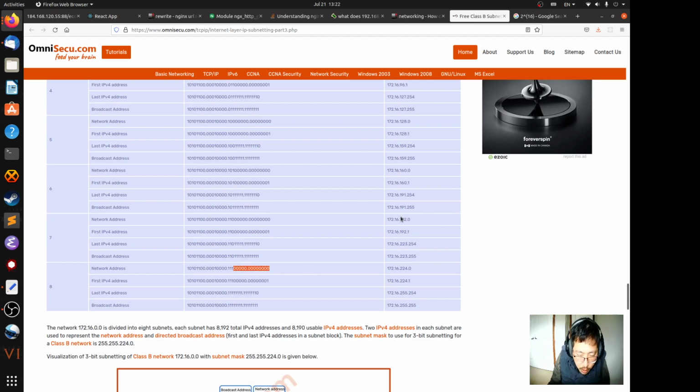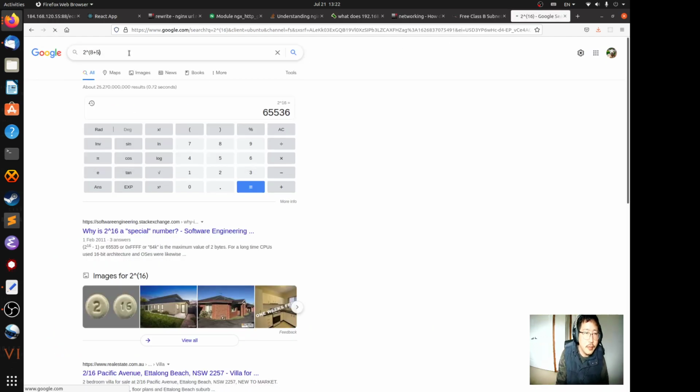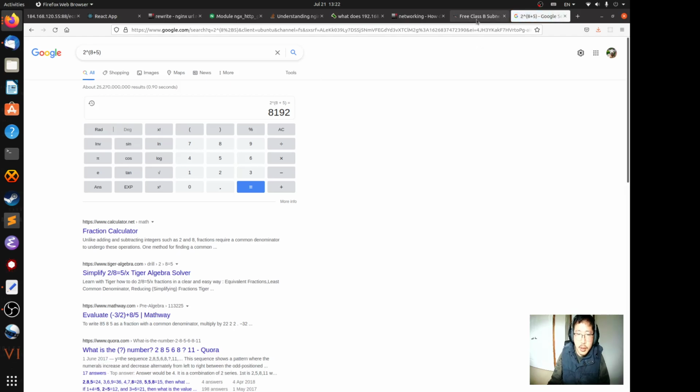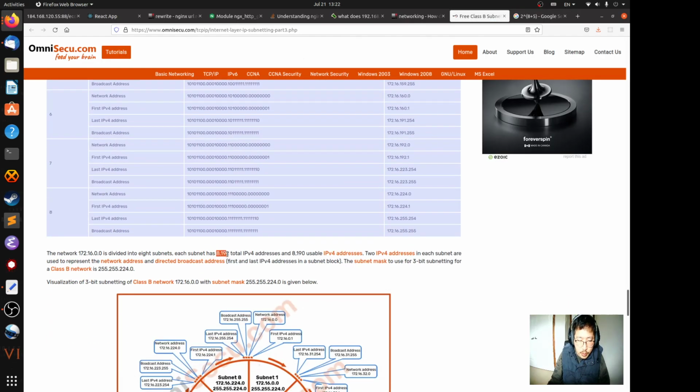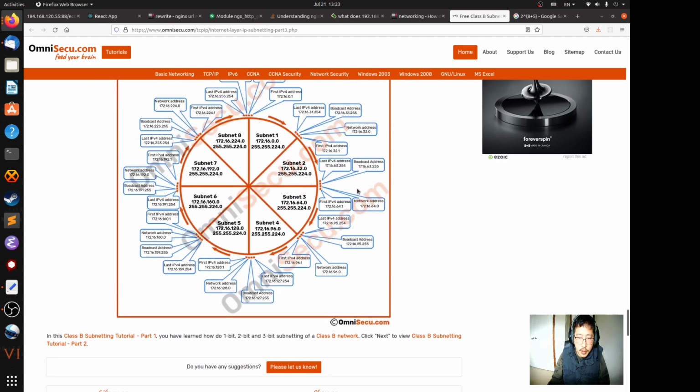How many bits? 8 plus 5, right? 8 plus 5. 8,000 possible IP addresses. If you minus 2, that becomes this many usable IP addresses. Why? Because each subnet has a network address and broadcast address reserved. You cannot use the network and broadcast address for the devices in each network. That's good. You understand this?